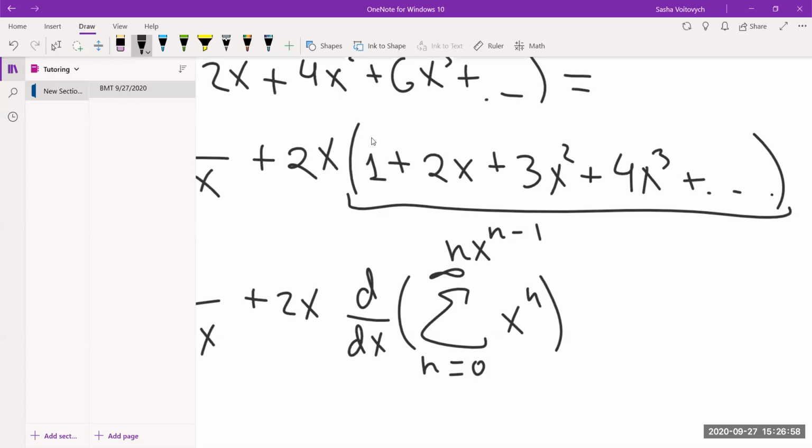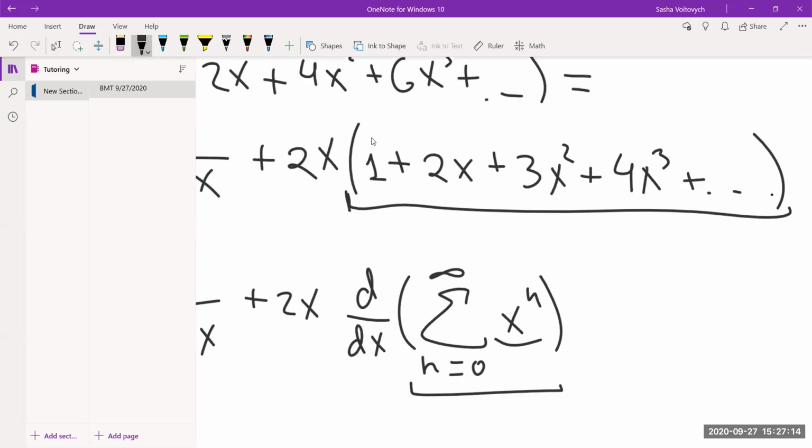So if we differentiate each term separately, we just get this. That's why the generating function above will be the derivative of the generating function below.